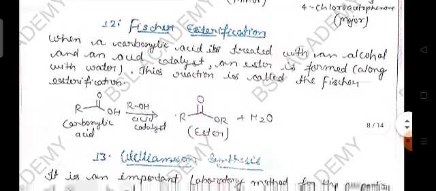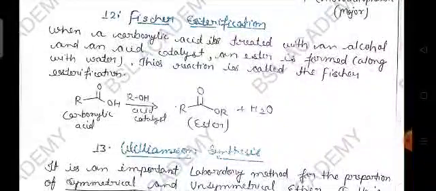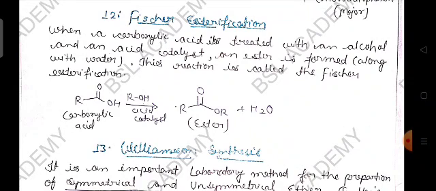Now next, Fischer esterification. This is not a very important reaction, but esterification is given in your syllabus, so I have added this. When a carboxylic acid is treated with an alcohol and an acid catalyst, an ester is formed along with water. This reaction is called the Fischer esterification.